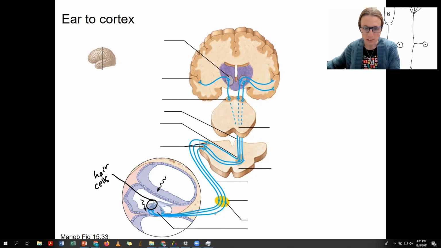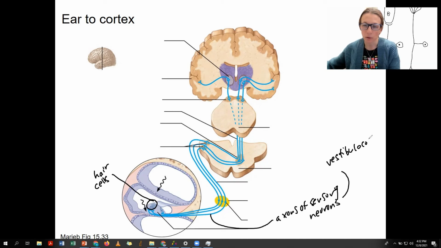So that's what these are here. These sensory neurons, the axons, form the vestibular cochlear nerve, the cranial nerve, along with vestibular information from the vestibular apparatus related to balance.